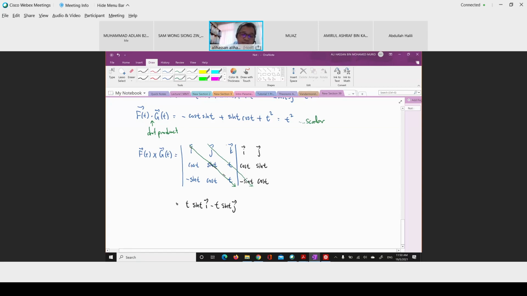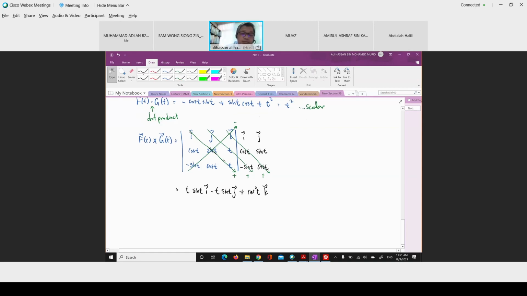Then we multiply these three elements to get cosine squared t k, all using a plus sign. Next, we multiply in the upward direction with coefficient minus 1.